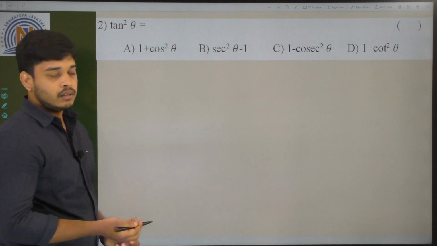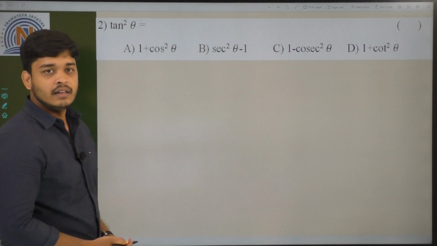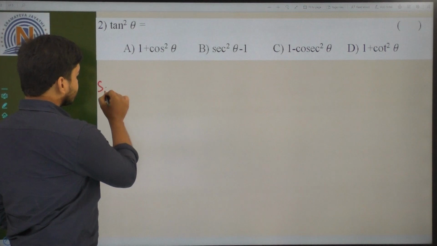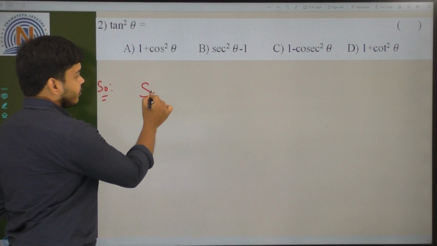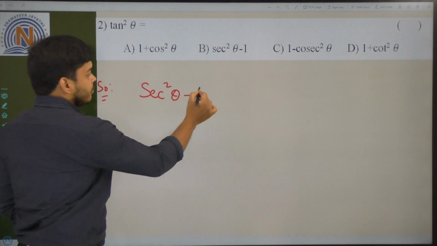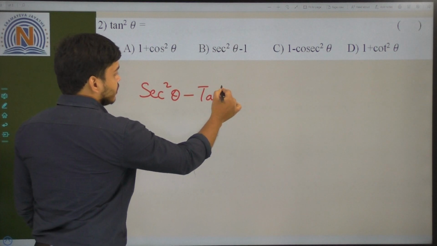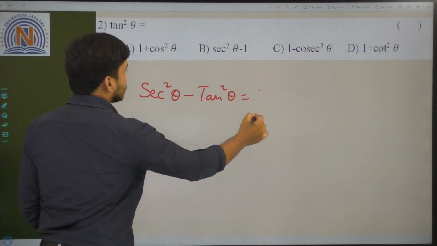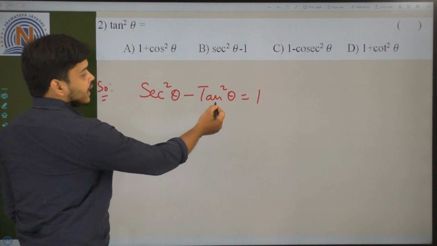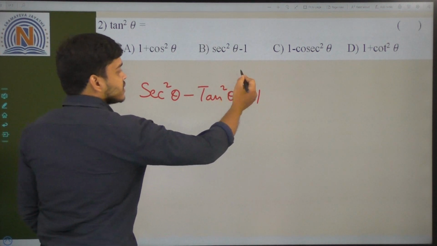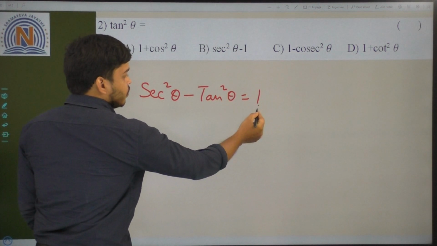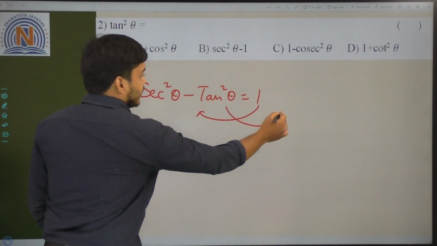Tan square theta, right? We have our identity, secant square theta minus tan square theta is equal to 1. We need to calculate tan square theta. So tan square theta is sent to the right hand side and 1 is sent to the left hand side.